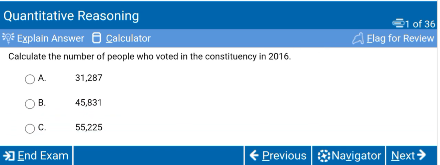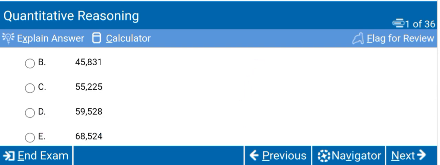Option A, 21,287. Option B, 45,831. Option C, 55,225. Option D, 59,528.